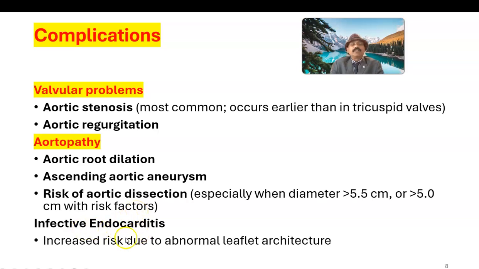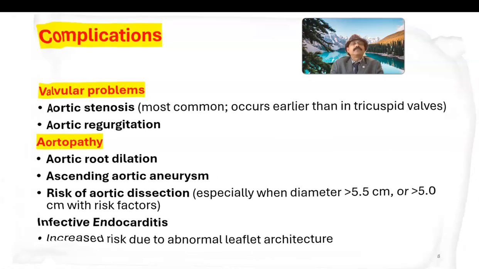Infective endocarditis, increased risk due to abnormal leaflet architecture. So we have a problem in the valve, and we have a problem in the aorta itself.